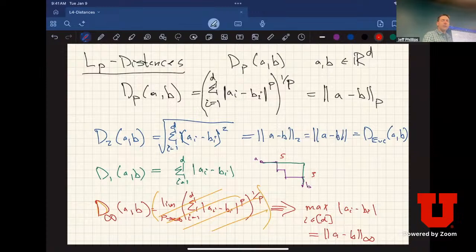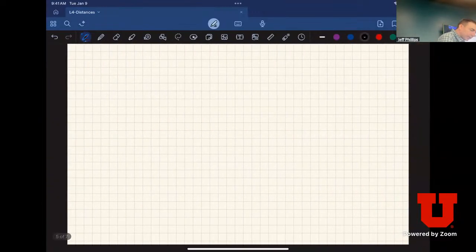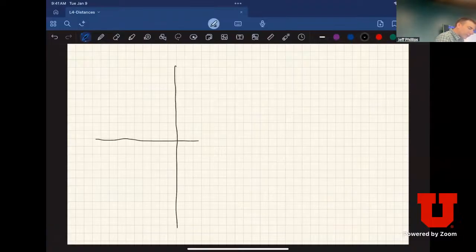So these are the ones that we mostly care about. Let me show a picture here that I think shows an important way how these fit together. I'm going to draw a picture with 2 points, a point A, and then I want to look at the space of all points at distance 1 away from A. But I have a different choice of the distance here, right?